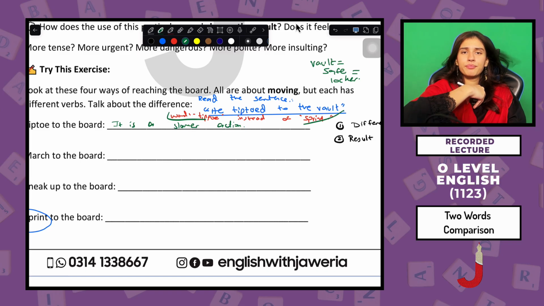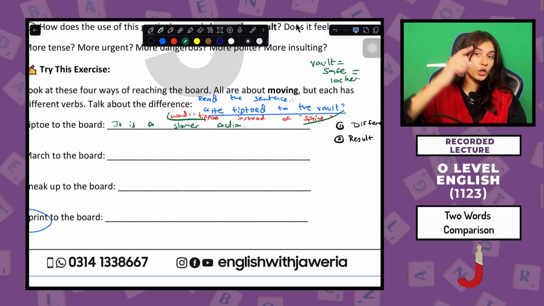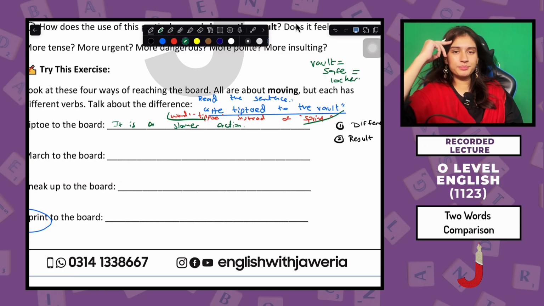So basically, think about it. Why would someone be tiptoeing to the vault? Why would someone not be sprinting to the vault?